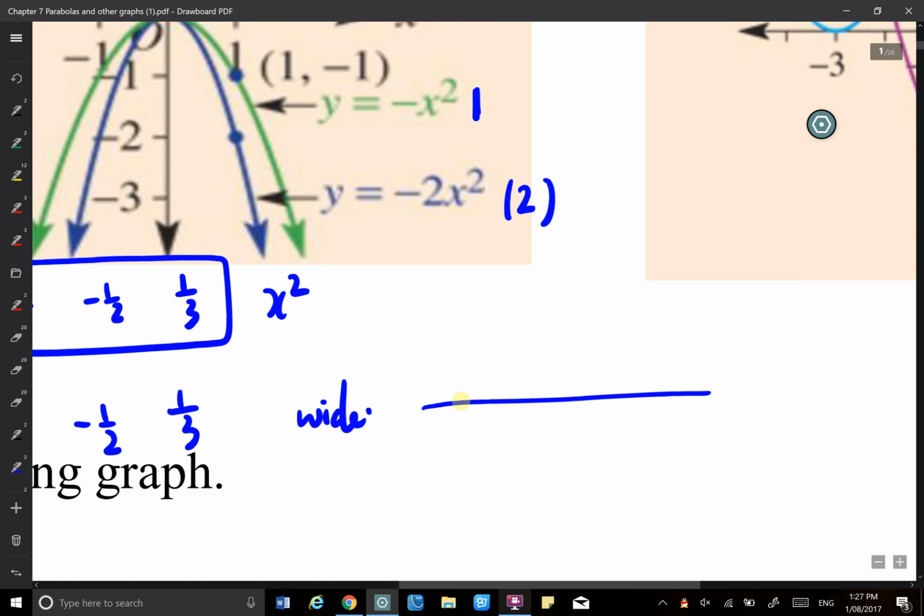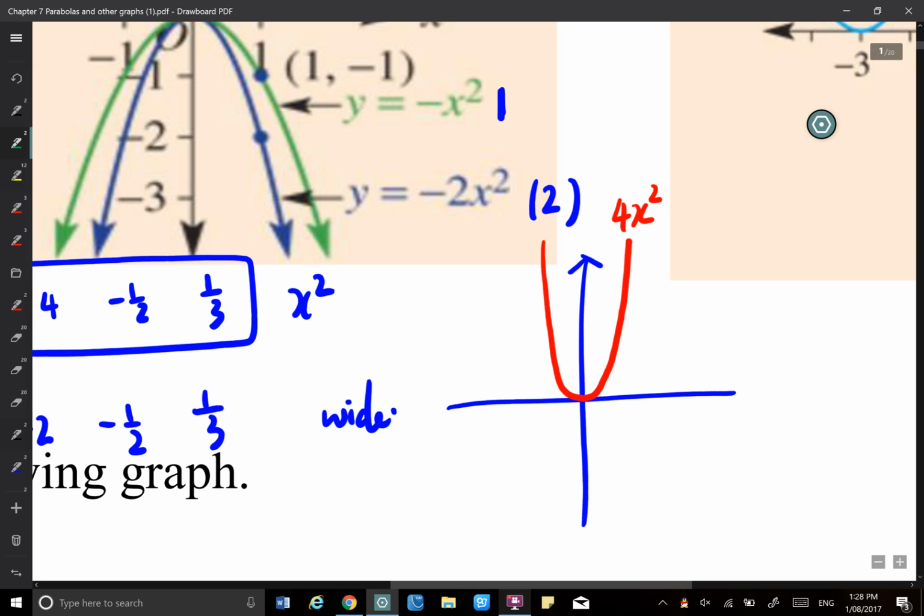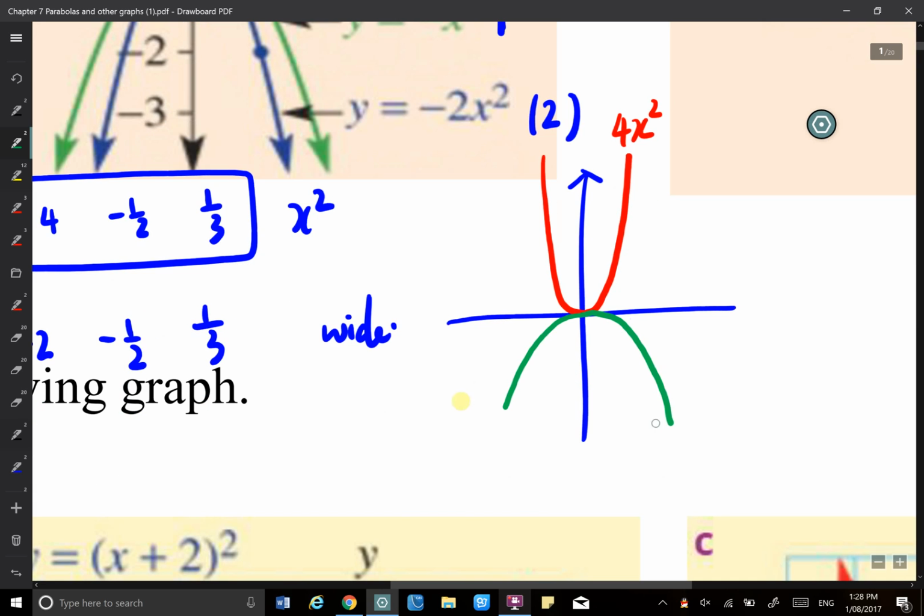So if I sketch that, this one will be 4x squared, and then I will have negative, that will be a little bit wider. I should draw a little bit wider.